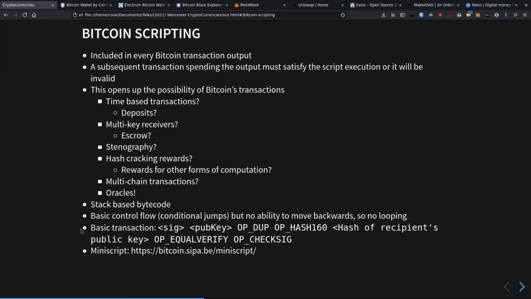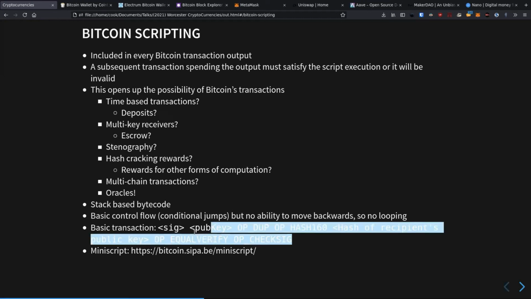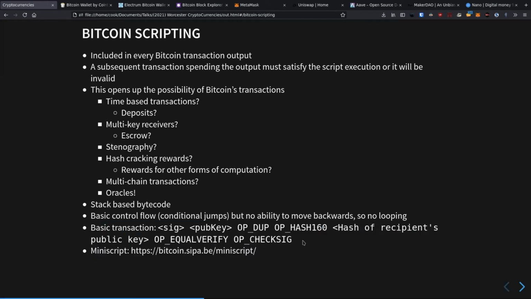You can see I've got an example script here for a basic transaction. It's stack-based, so if you've used a stack-based bytecode before, you should be able to recognize it. But essentially, first you push the signature onto the stack, then the public key, and then this is a duplicate instruction, hash 160 bytes, hash of the recipient's public key, verifies it and checks the signature.